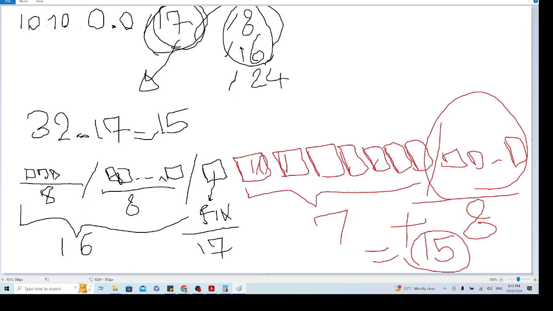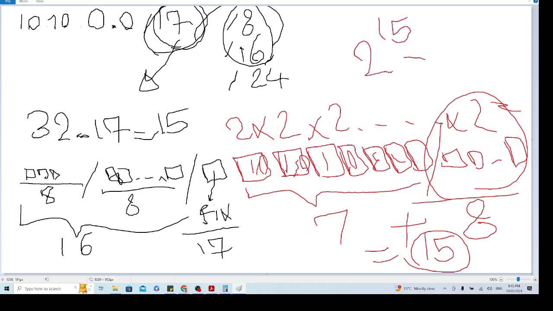You can put both of them, 0 or 1. They all together come to 2 times 2 times 2, and so on till the end, which is 2 to the power of 15, which is a very large number.